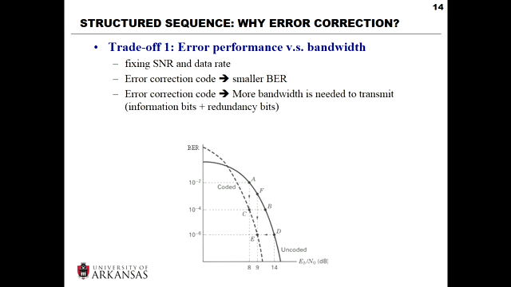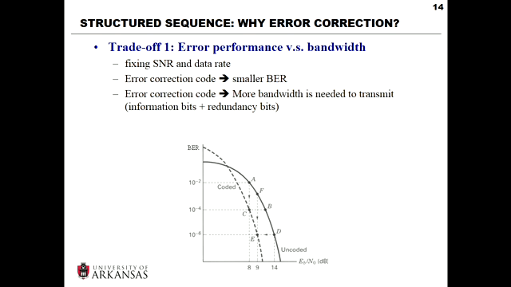So the first way of looking at this trade-off is the error performance versus bandwidth. Let's see if we fix the signal to noise ratio and the data rate. In this case, if we are using an error correction code, we will have a smaller bit error rate, because the error correction code will correct some of the errors.